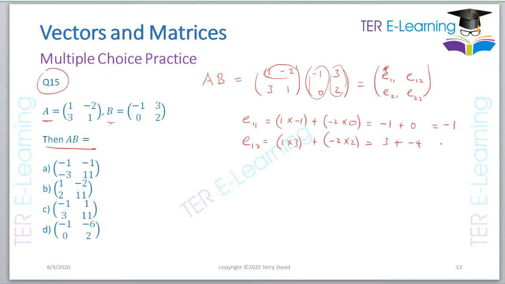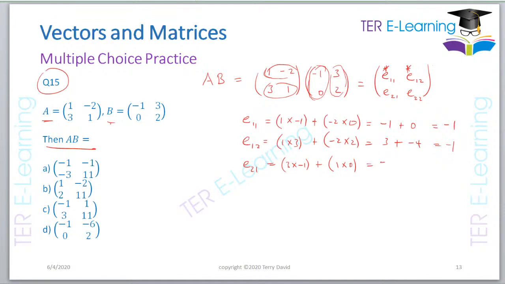So 3 minus 4 gives me minus 1. So I've worked out this number here. Next, I'm going to work out E21. To work that out, I need to take this row and multiply by this column here. So this is 3 by minus 1 plus 1 by 0.